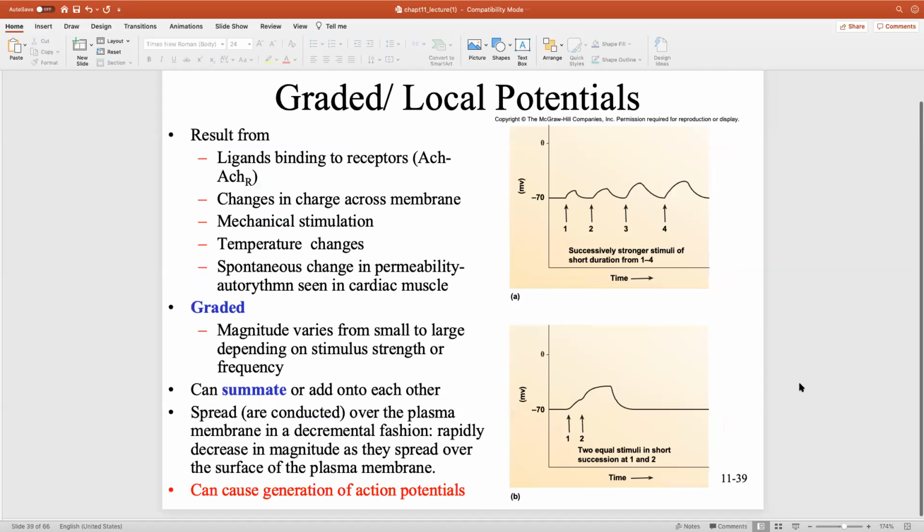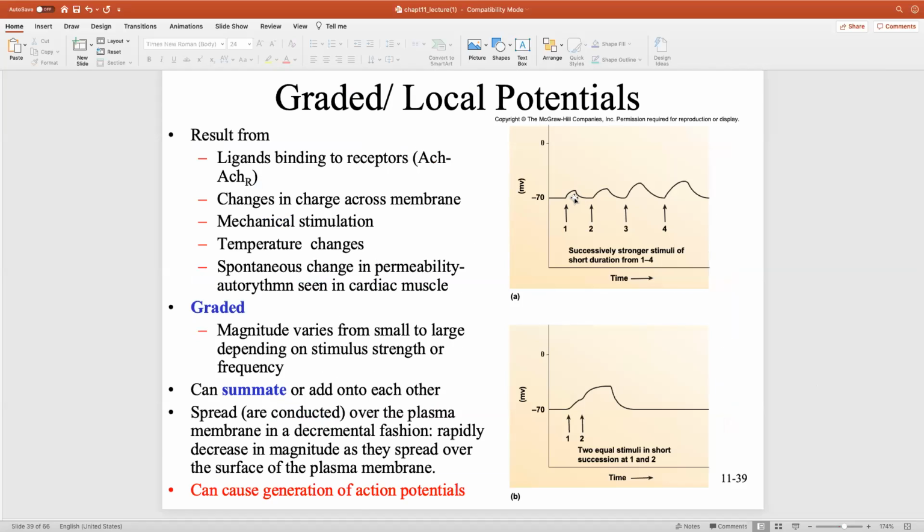A graded potential is triggered by a small release of a ligand. That ligand can bind to its receptor on the postsynaptic membrane. If there aren't enough ligands released, then you just have a small increase from minus 70 to minus 60. At that point it fizzles out and comes back down. You didn't hit threshold, and because you didn't hit threshold, nothing happens.